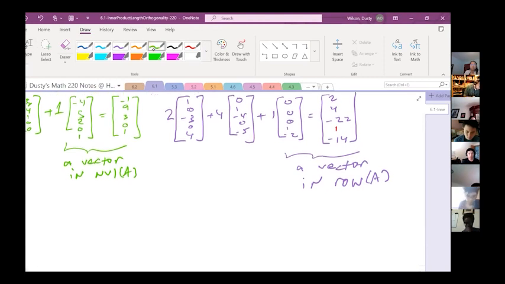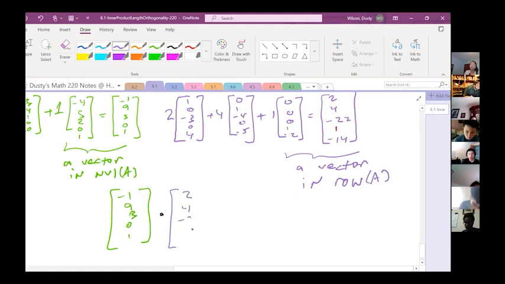If we take -1, 9, 3, 0, 1, and dot it with 2, 4, -22, 1, -14. It's actually always kind of scary to just let you guys pick random numbers. Let's see if it works. So I've got -2 plus 36 minus 66 plus 0 minus 14.